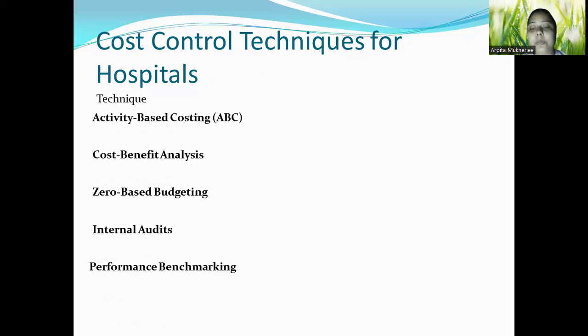Third is zero-based budgeting, where we justify every expense from scratch, not just changes from the last year. Fourth is the internal audits, where we review spending patterns and identify inefficiencies. And fifth is the performance benchmarking, where we compare performance and cost to the best performing institutes.